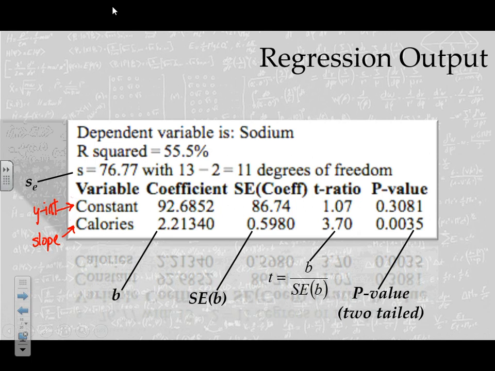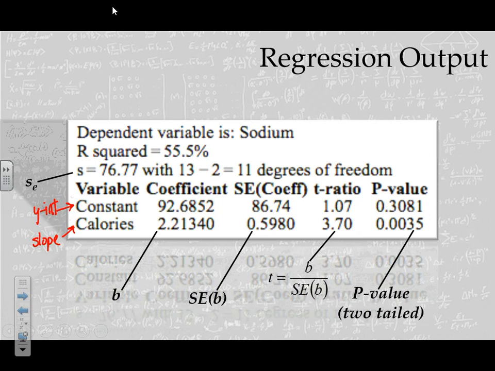Now generally, when they run these tests in their computer software, the p-value they report will be two-tailed. What does that mean? It's looking at both tails. So if you were running an alternative hypothesis of beta not equal to 0, then this is exactly the p-value you would want.